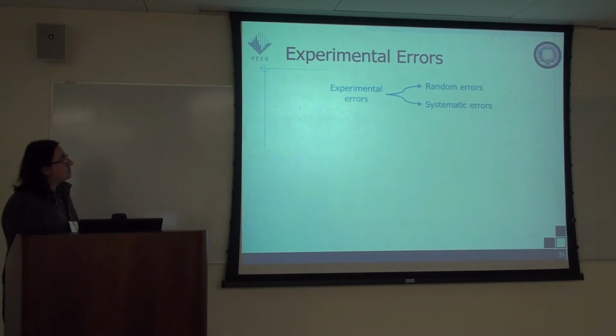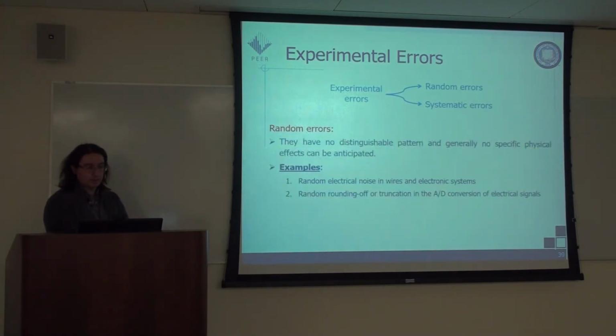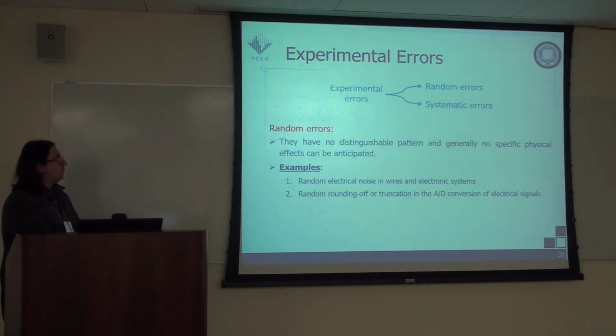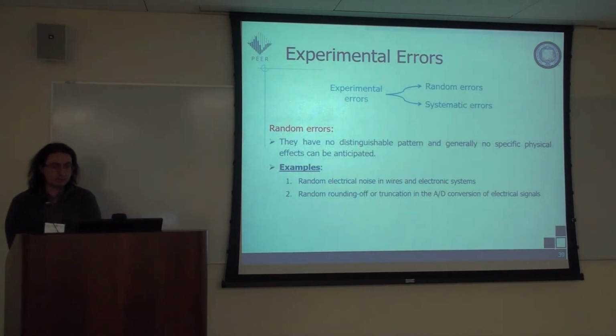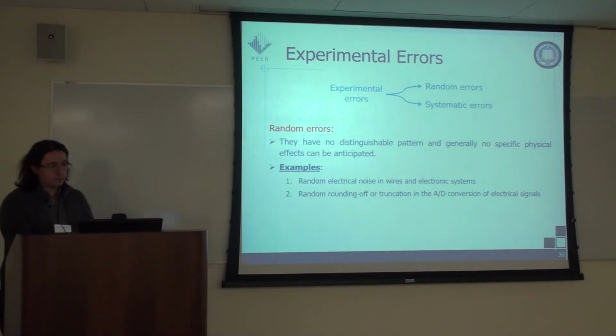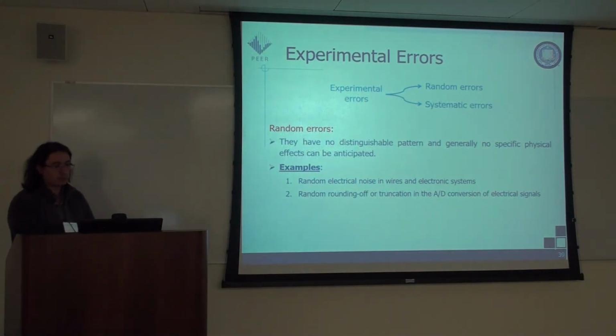And experimental errors can be divided into two: random errors and systematic errors. Random errors, as the name says, have no distinguishable pattern, and no specific physical effects can be anticipated. Examples are electrical noise, or some rounding off in the analog to digital conversion.